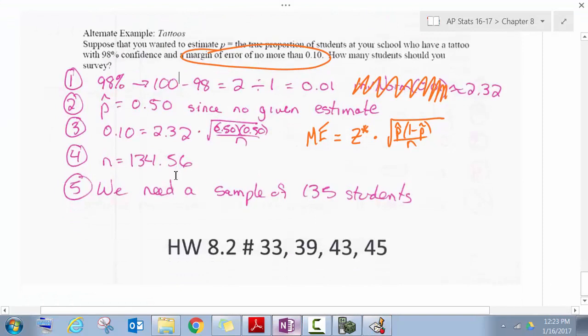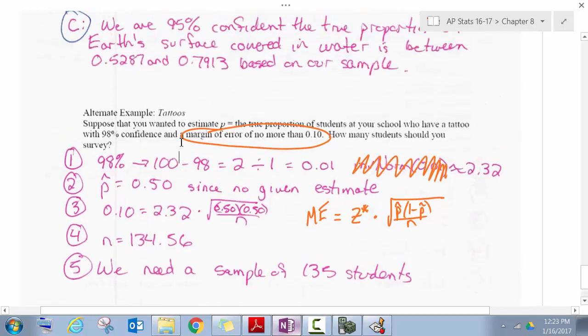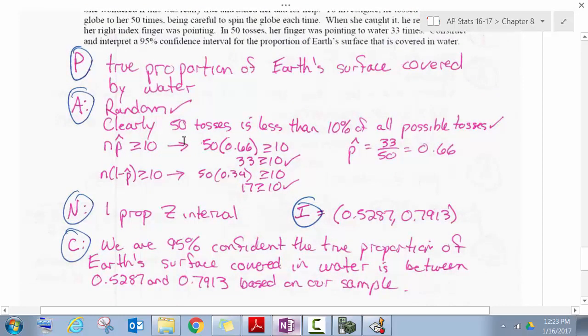So n equals 134.56. Well, we need to round up. We would need a sample of 135 students to be able to estimate with 98% confidence within 10% how many students in the school have a tattoo. So we're not going to do these two examples in class, but obviously if you're watching this, you went ahead and looked at them.